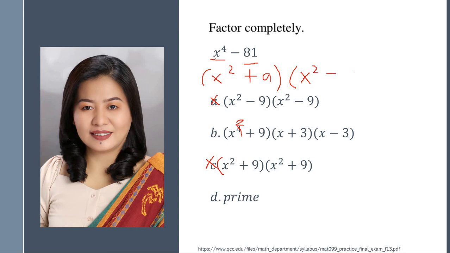X squared minus 9 is still a perfect square term, which can still be further factored to x plus 3 and x minus 3. So the complete factor of x to the fourth minus 81 is x squared plus 9 times x plus 3 times x minus 3. So it's not prime because it has factors.